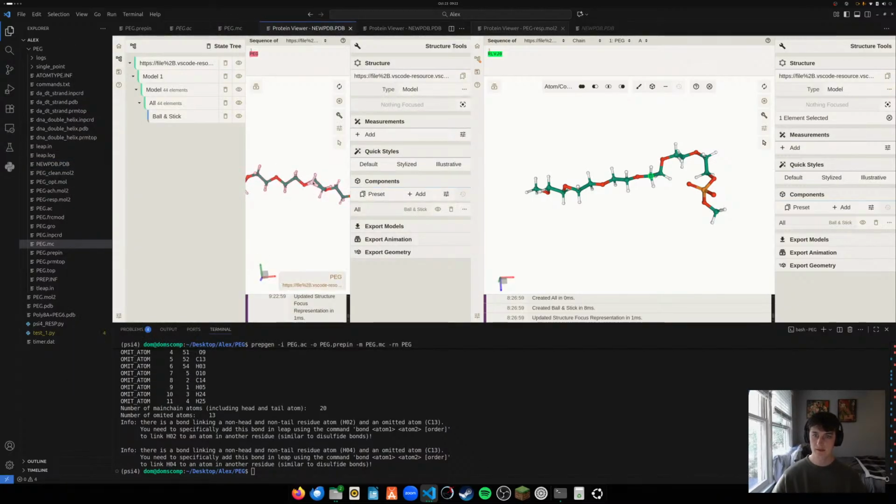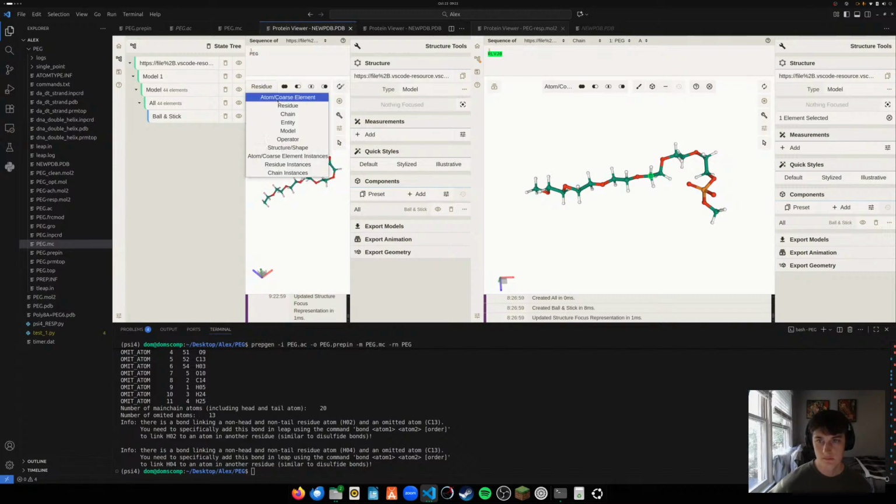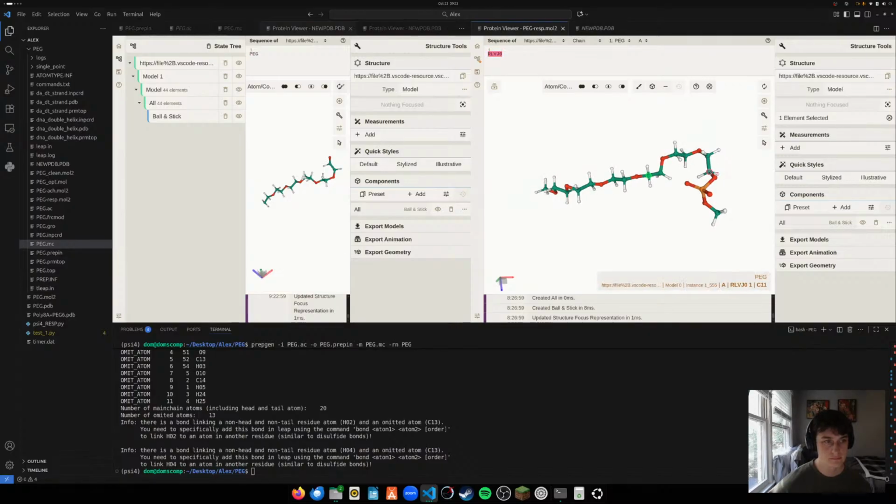Why is it adding this garbage right here? Everything else looks perfect. We are missing a hydrogen here though, on C11. H21.